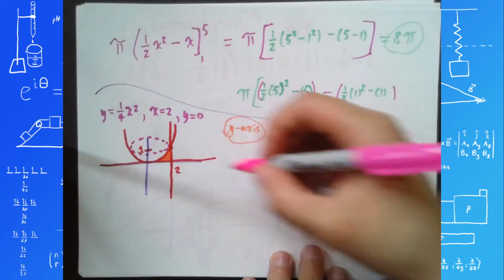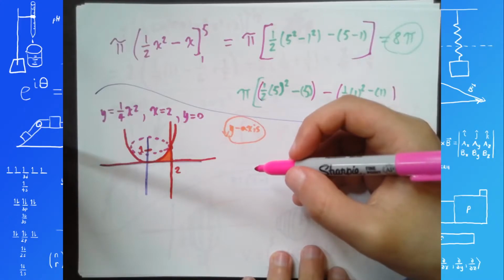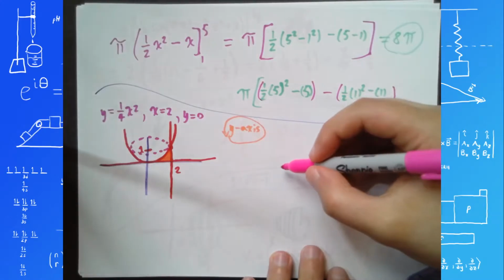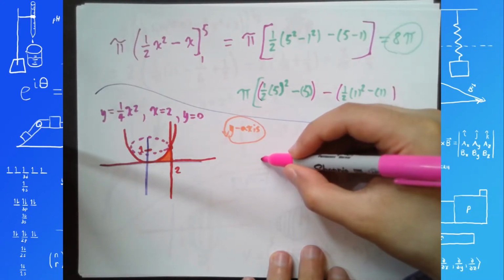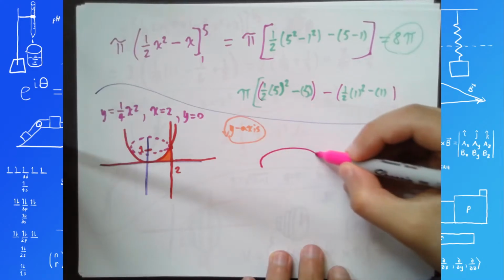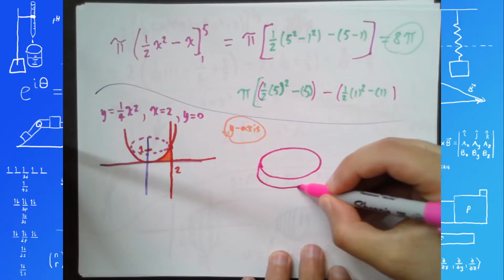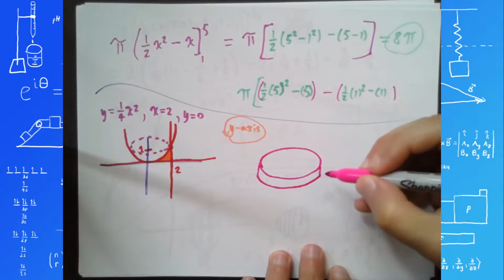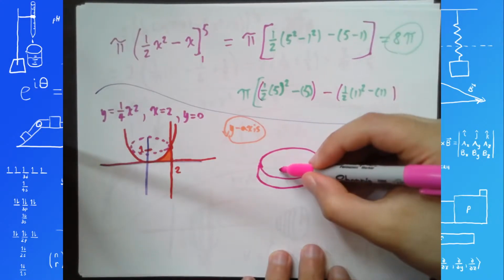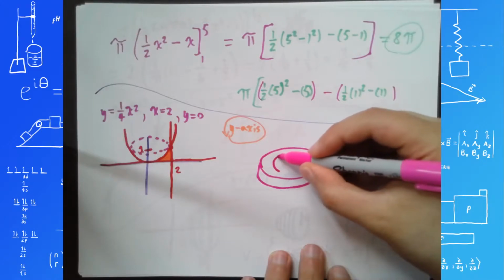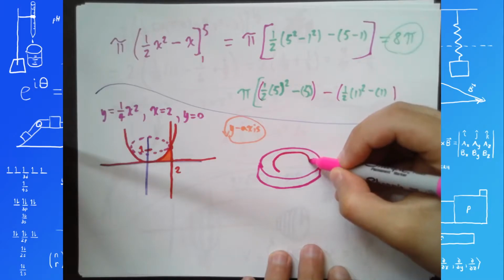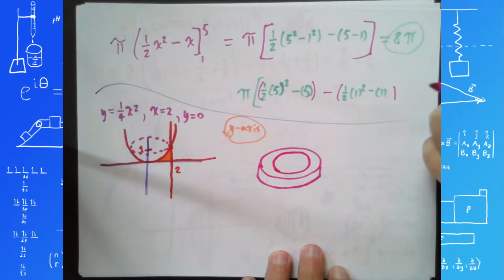So we're going to have discs that look like so. We're going to have something that looks like this, and then in the middle, there's going to be a disc-shaped hole.